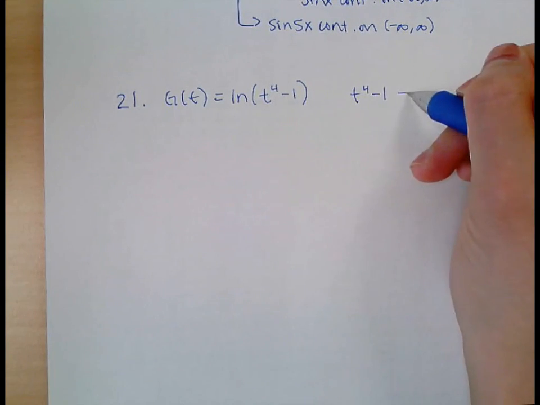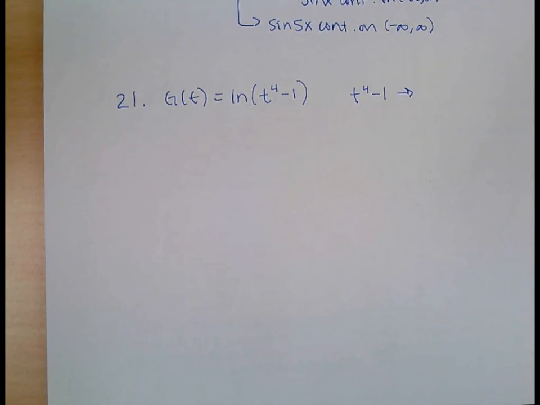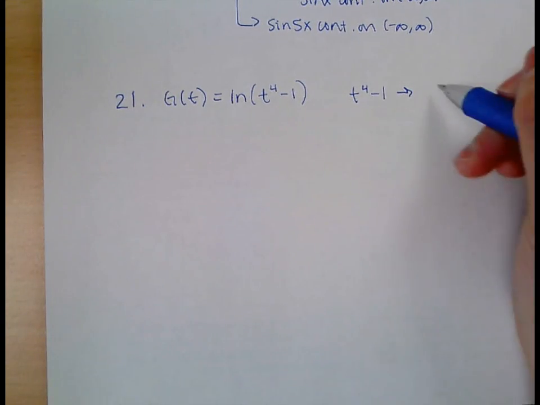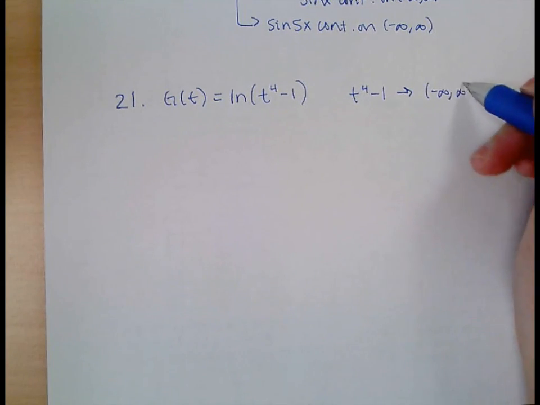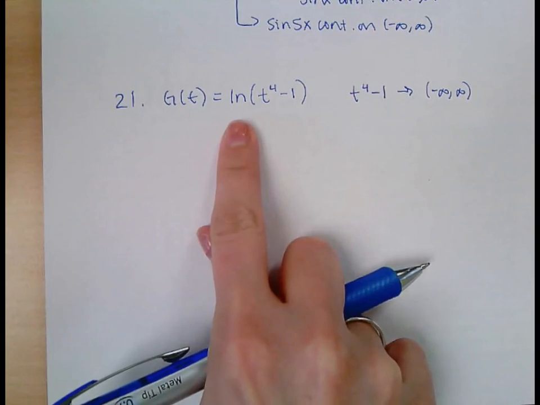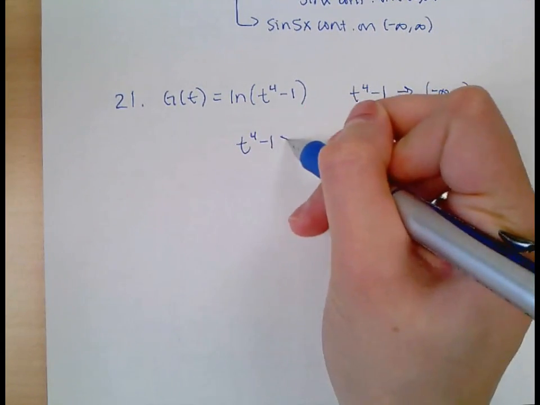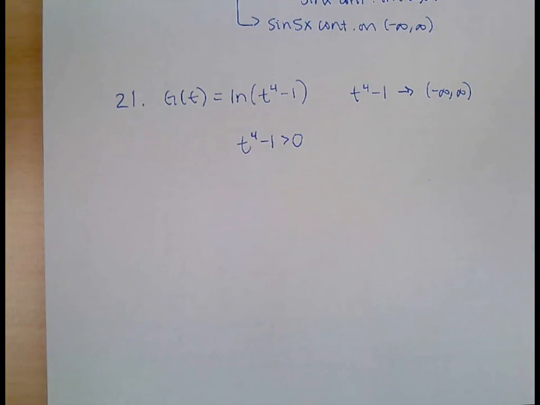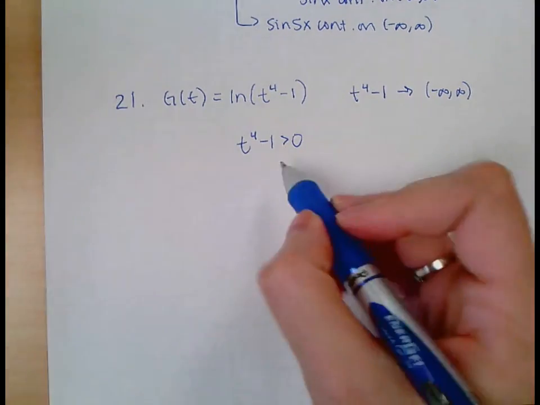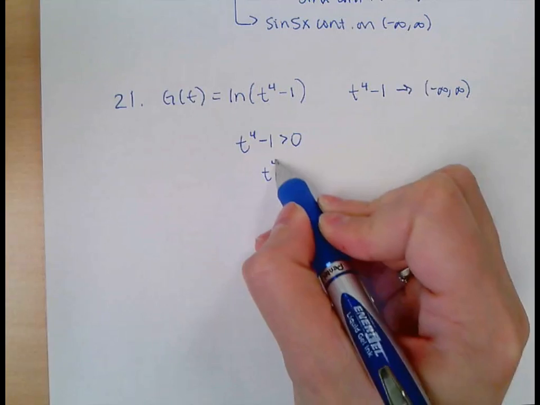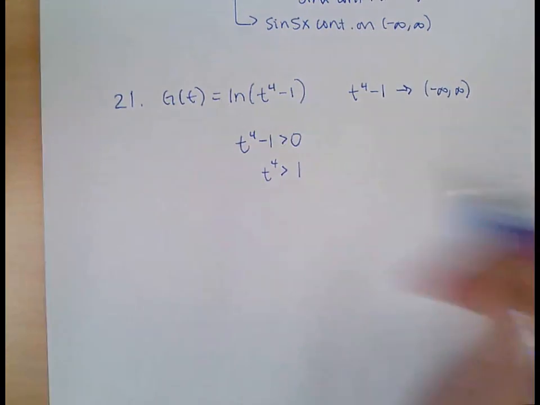Are there any restrictions on that domain as that function? No, this is continuous everywhere. However, for the natural log function, the t to the 4th minus 1 has to be positive, greater than 0. So if I solve, t to the 4th has to be greater than 1.